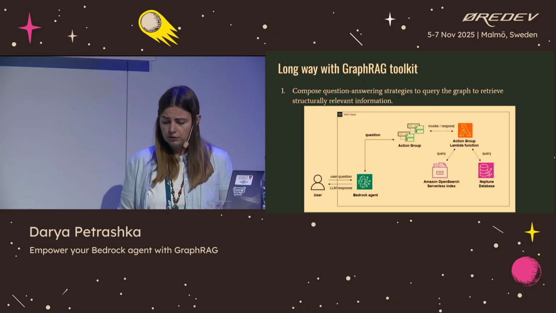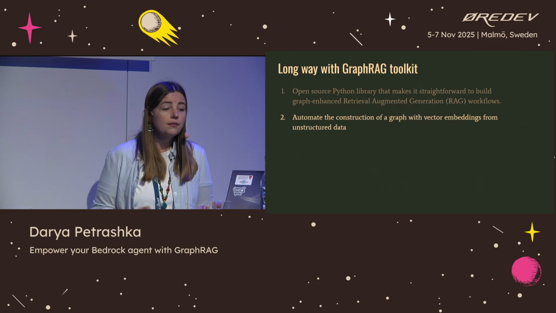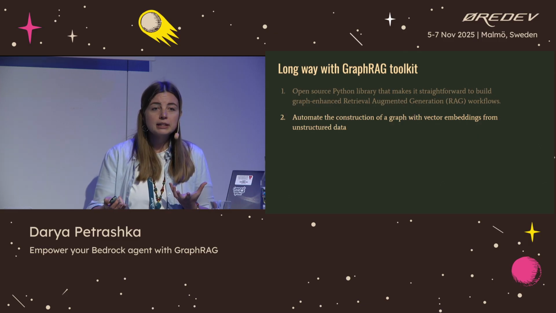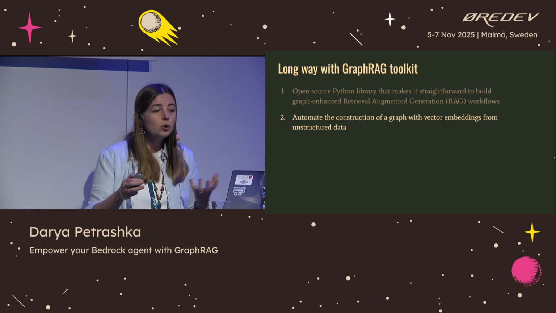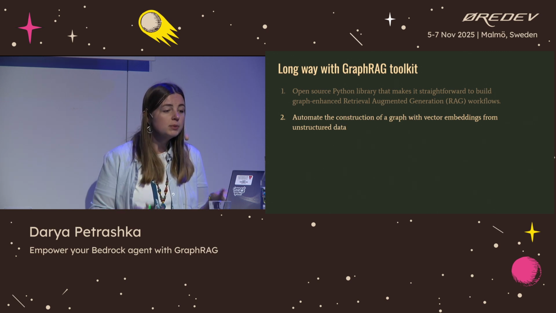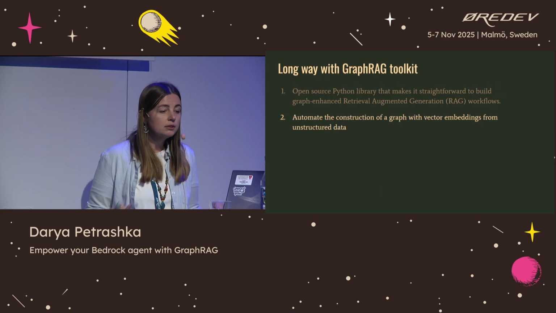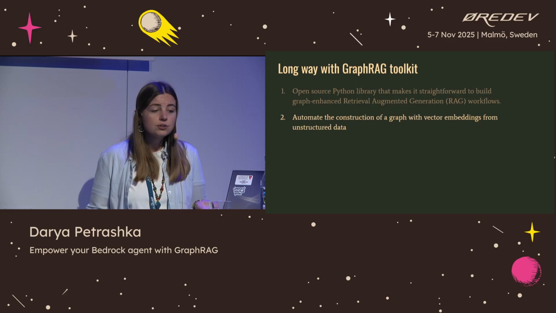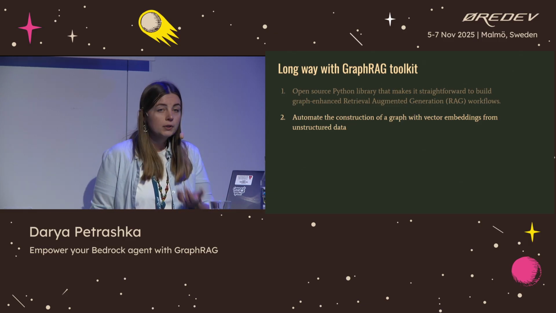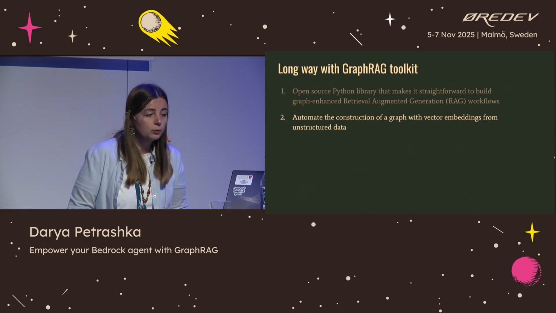And in their repo, they have a bunch of examples, and they also have even CloudFormation templates if you want to quickly build the required infrastructure like VPC, a Neptune database cluster with a Neptune serverless instance, and an OpenSearch serverless connection with a public endpoint. So this is kind of helpful.